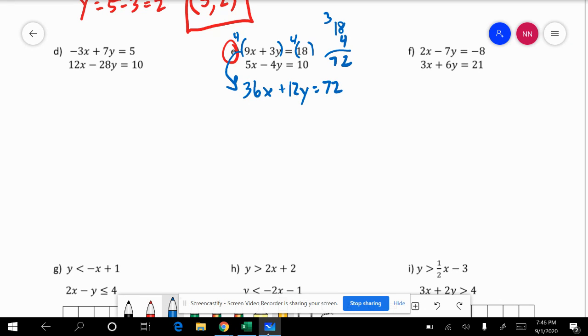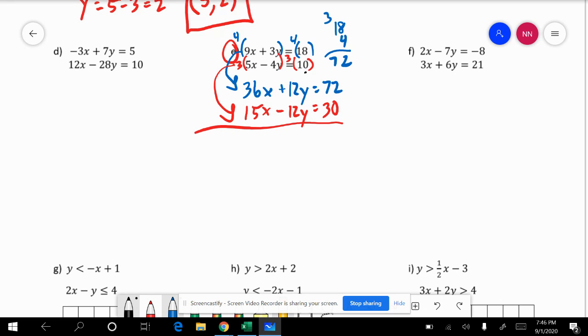Now, if this is a 12, I need a negative 12. So what I'm going to do is I'm going to make sure this is a negative 12 by multiplying it by 3. When I multiply it by 3, what I get is 15x minus 12y is equal to 30. I'm going to combine the two equations.